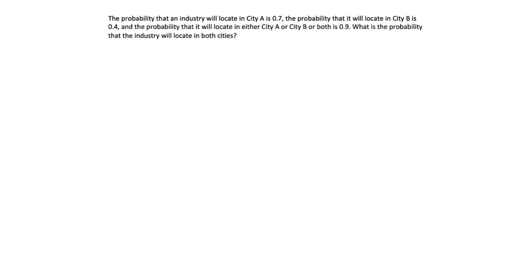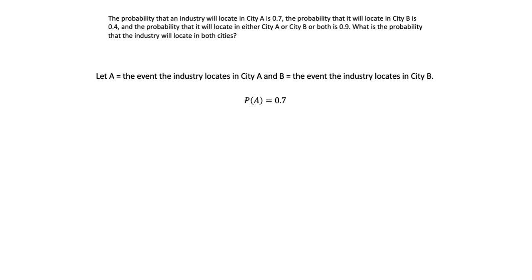The probability that an industry will locate in City A is 0.7. The probability that it will locate in City B is 0.4, and the probability that it will locate in either A or B or both is 0.9. What's the probability that the industry will locate in both cities? So we'll let A be the event the industry locates in City A, and B be the event that the industry locates in City B. Based on the information given, we have the probability of A is 0.7, the probability of B is 0.4, and the probability of A union B is 0.9.